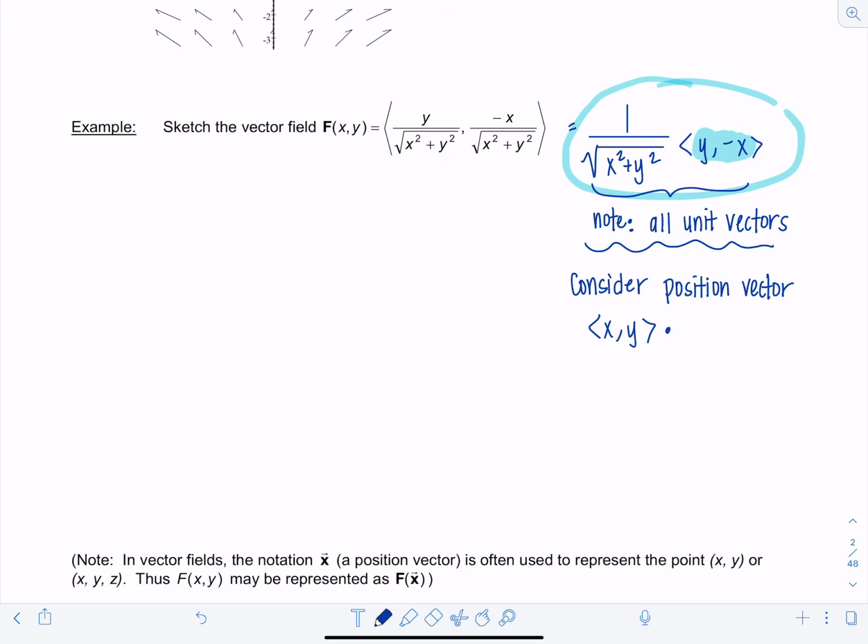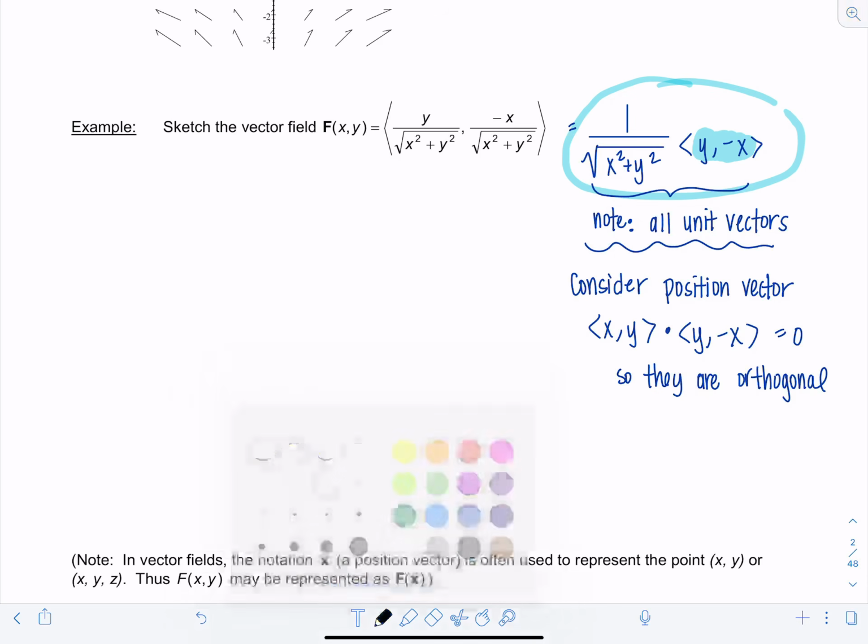I'm just going to focus on y and negative x. Notice this dot product is 0. So any position vector is going to be orthogonal to the vectors yielded by this vector field. So what does that mean?